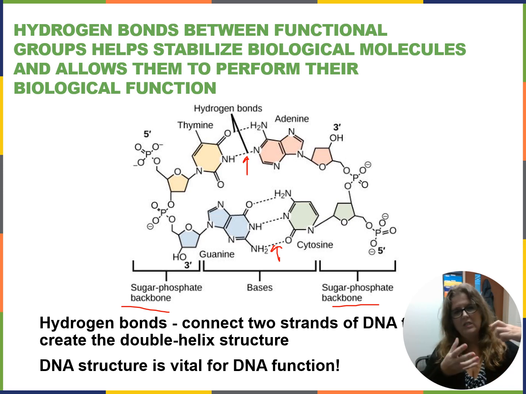So when you think about that twisted ladder of the DNA, holding everything in the rungs of that ladder are these hydrogen bonds. And again, they're rather weak, but they have strength in numbers, and it's going to become important when we go to replicate the DNA. We need to open it up quickly and be able to put it back together quickly. So that is the function for that.